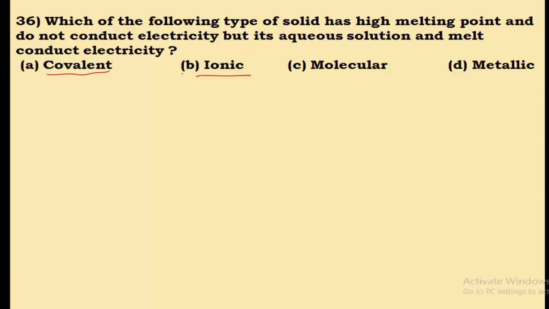Ionic solids are poor conductors of electricity, but when they are dissolved in water or in molten state, the ions become free and they are able to conduct electricity. Hence ionic solids in their aqueous solution and in their melt will conduct electricity. So option B is the right one.